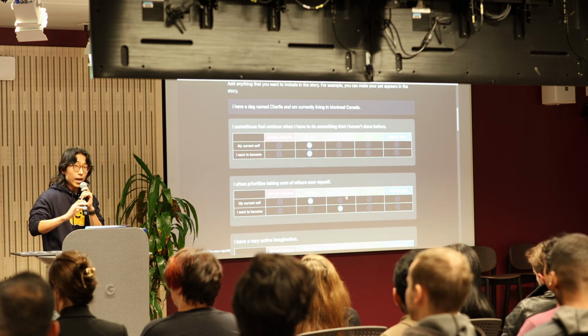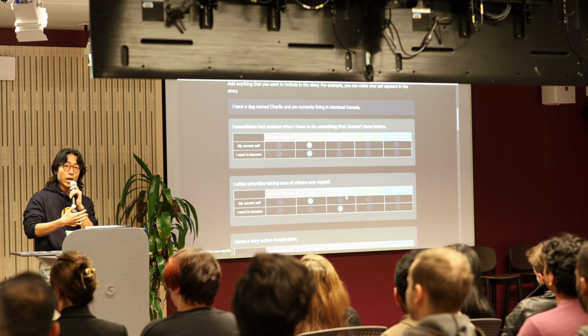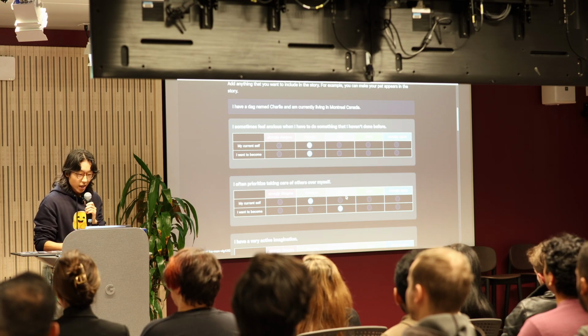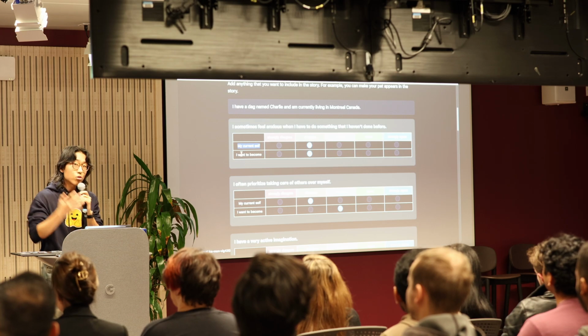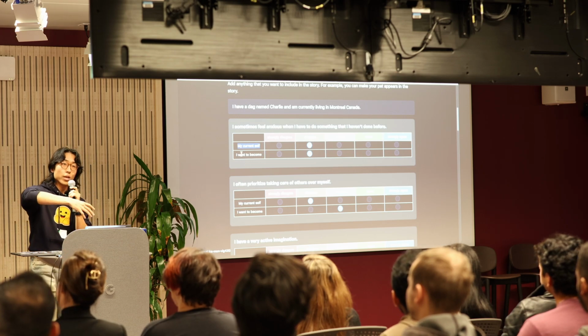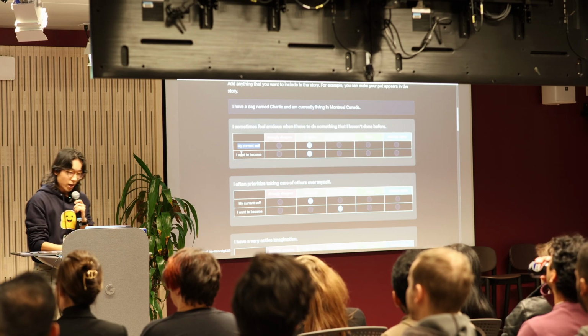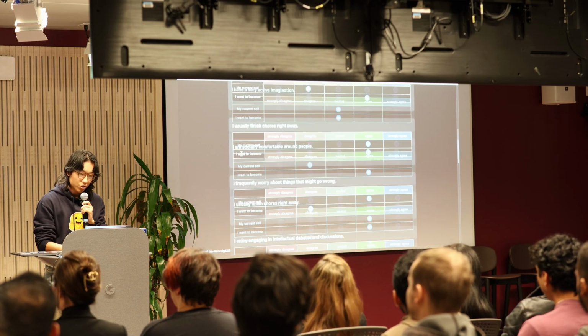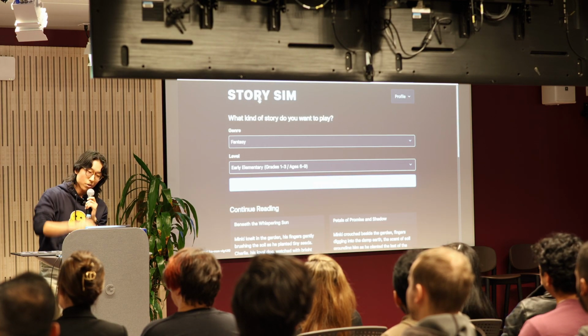And importantly, I added my personality test. This is kind of an MBTI test. I put my current self and who I want to become, because I want the story to take into account that I want to become like that. I have about 15 questions, and this is going to be input into the prompt.